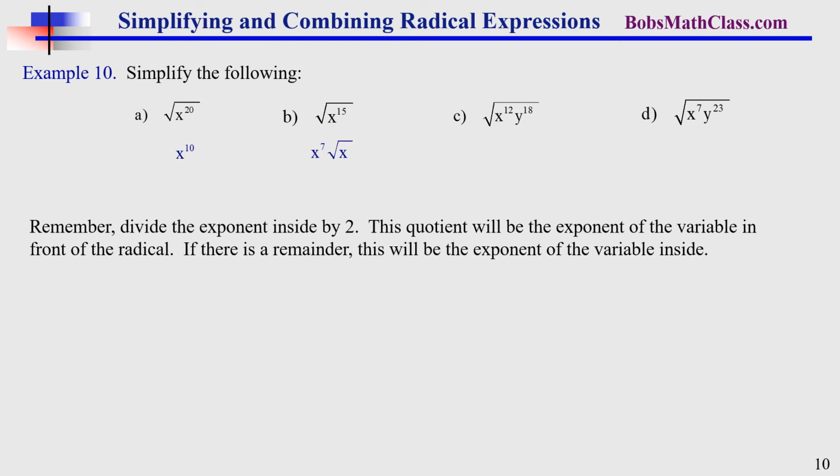How many times does 2 go into 18? 9 times. There's no remainder in either of them. Part D. 2 goes into 7 3 times with a remainder of 1. 2 goes into 23 11 times with a remainder of 1. When you're dividing by 2, the largest the remainder can be is 1.